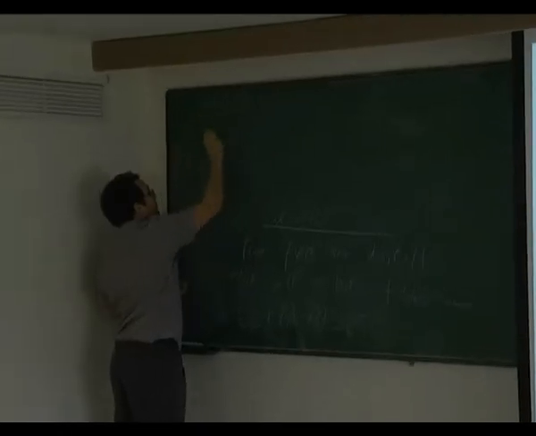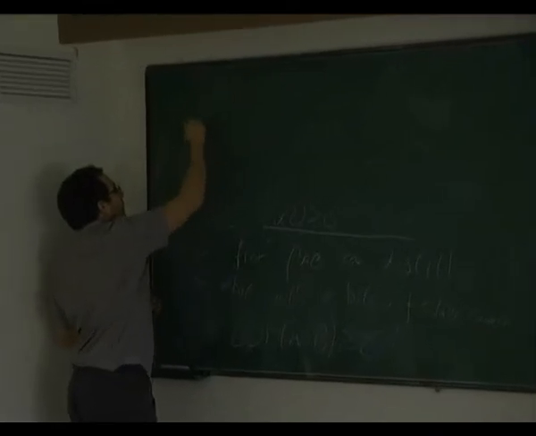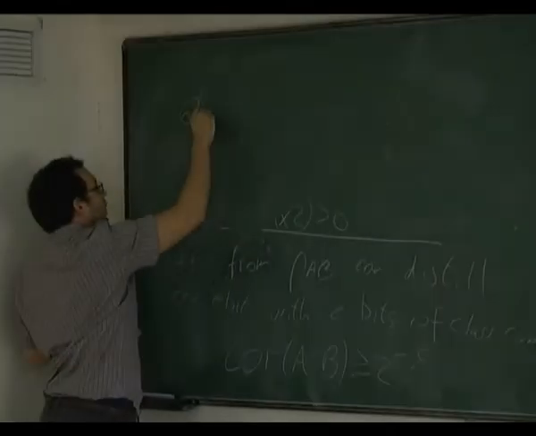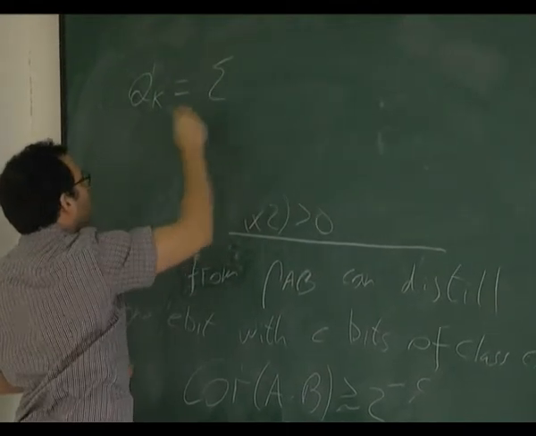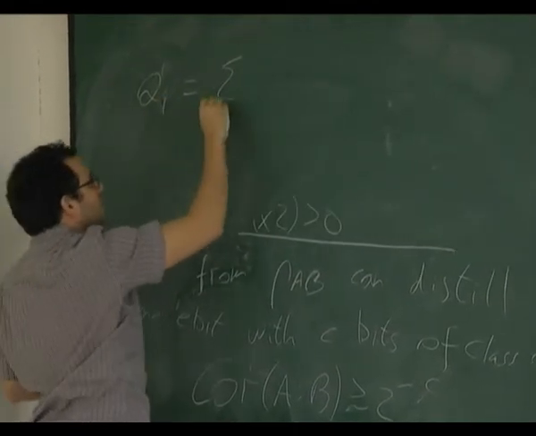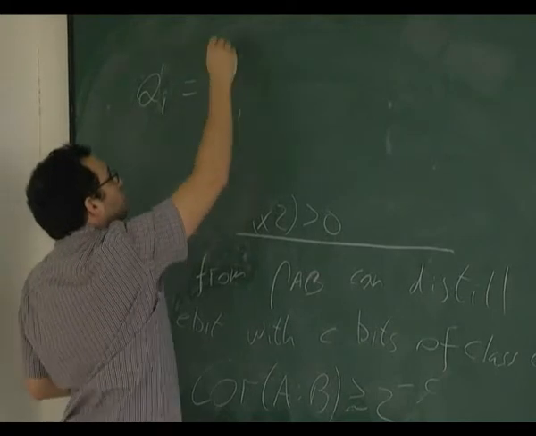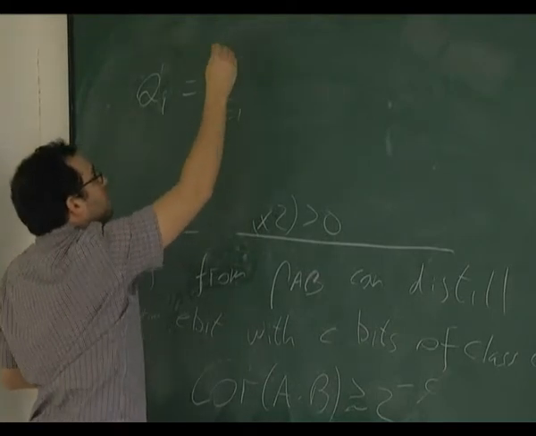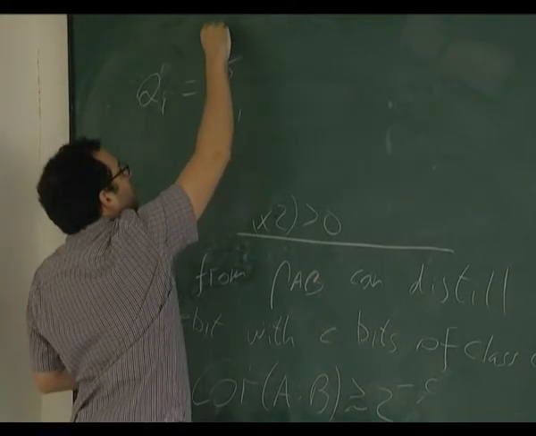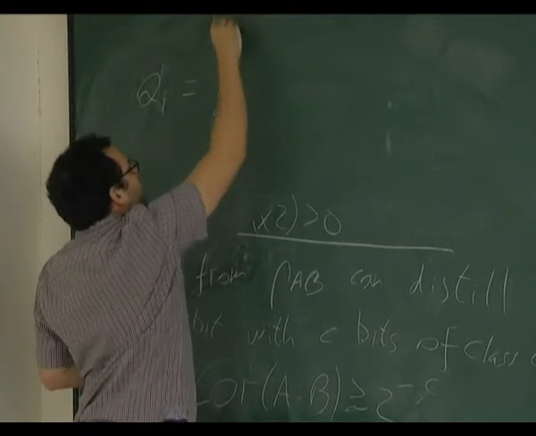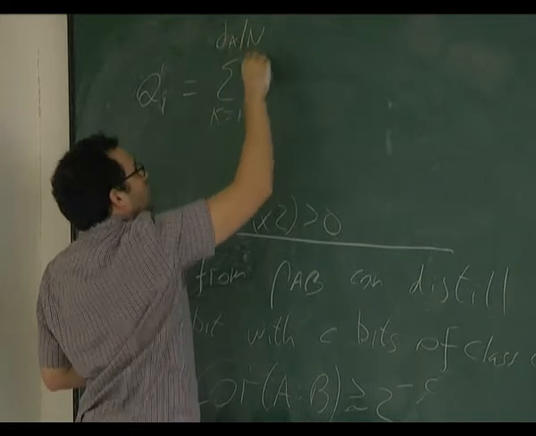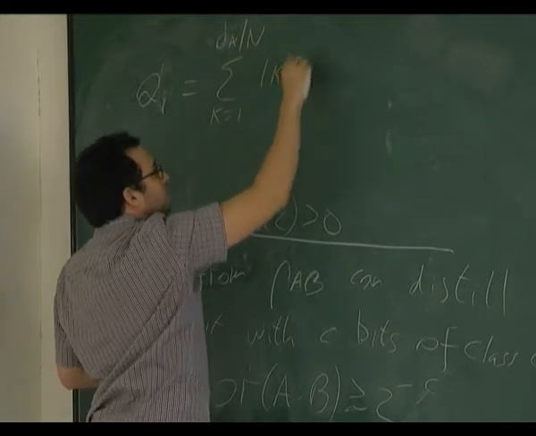And then you define this QK. Q1 is the sum over K from 1 to dA over N of the computational basis elements.